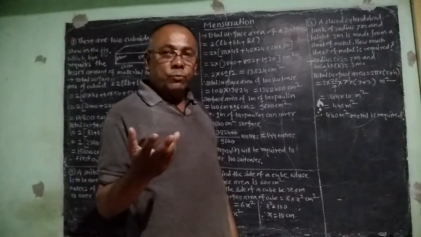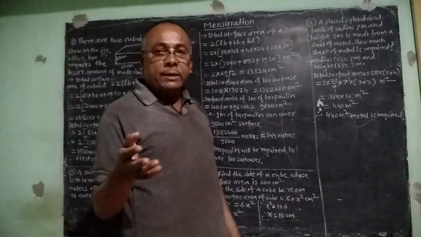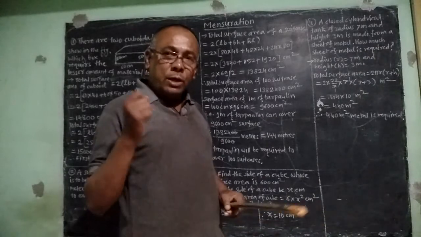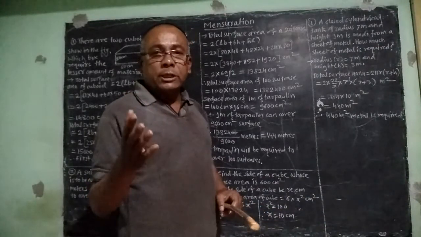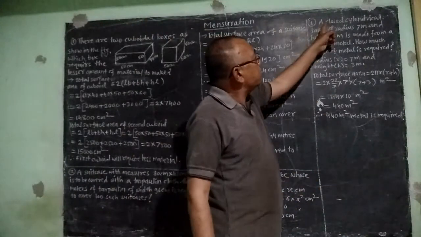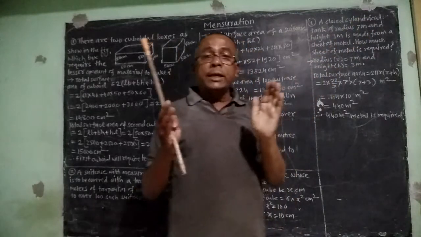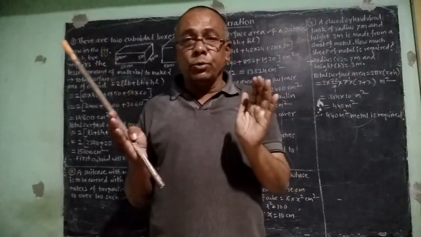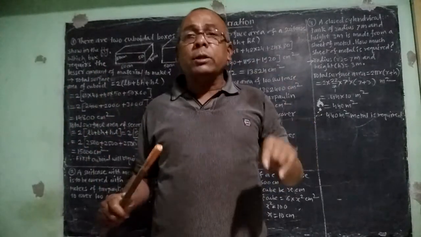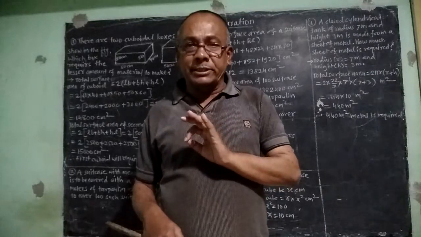That is, we have to find the area of the sheet of the metal to make the cylindrical tank. So again we have to find the total surface area of the cylinder, because here we are given a closed cylindrical tank, means the cylinder is closed on both sides, means both plane surfaces are there.